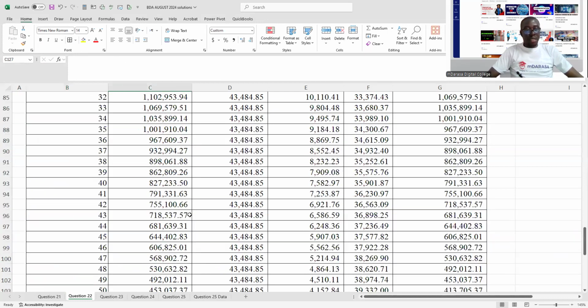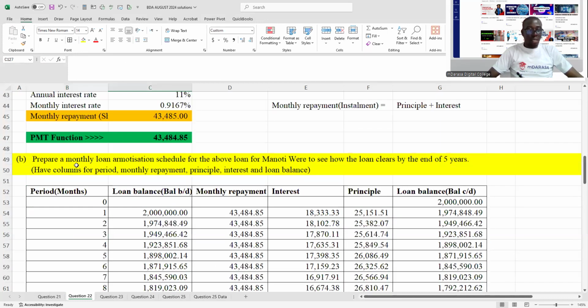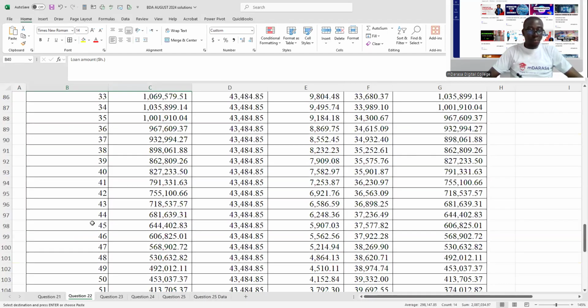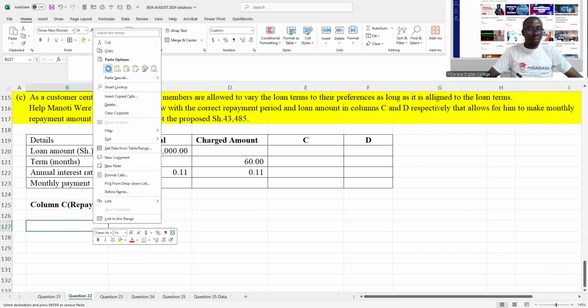So we take the exact data that you had prepared here.